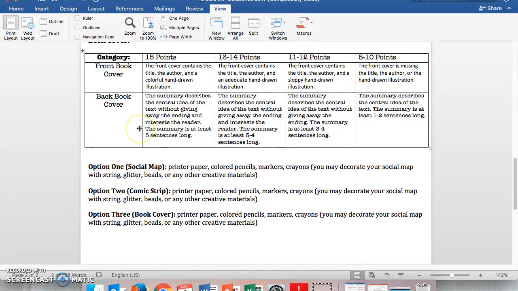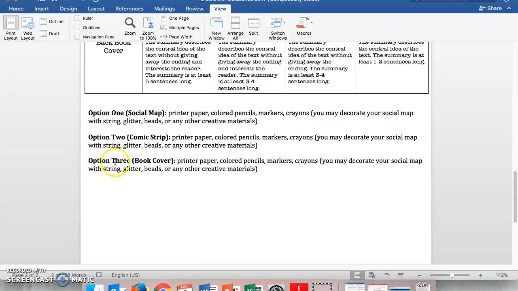All right, so with that being said, these are sort of materials that you might need. I've listed them all here, option 1, option 2, option 3. For option 1, the materials that you have at your disposal: printer paper, colored pencils, markers, crayons. You can decorate your social map with string, glitter, beads, any other creative materials.